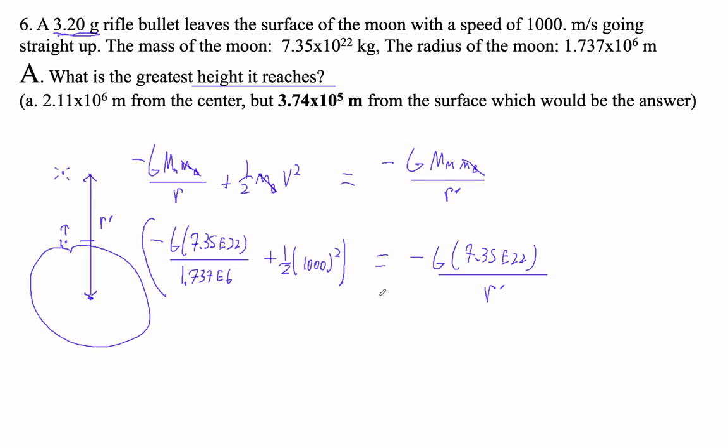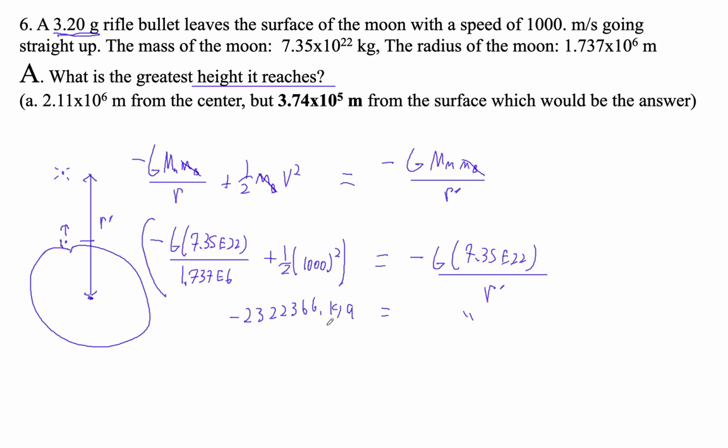Okay. So now I've got this side equals this, right? So now I'm going to go this times this divided by this guy. So the opposite is 6.67E minus 11 times 7.35E22 divided by that answer.